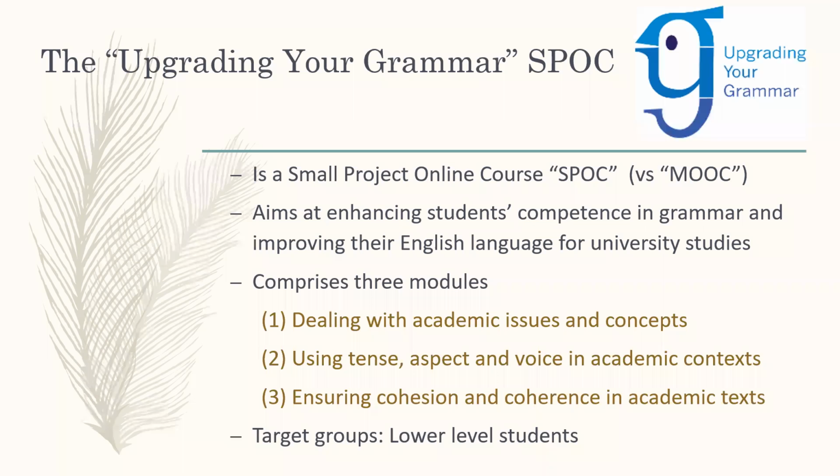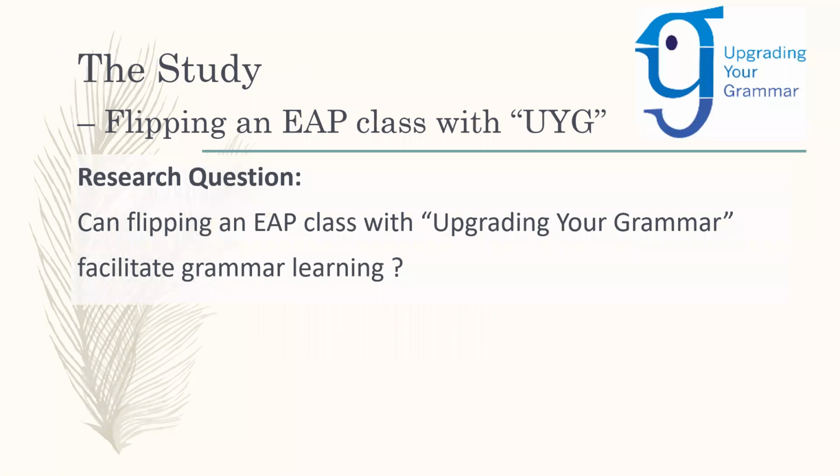So the target group was lower level students regarding their English ability and their proficiency. So in Hong Kong, we have got students at our university with different levels of proficiency in English language.